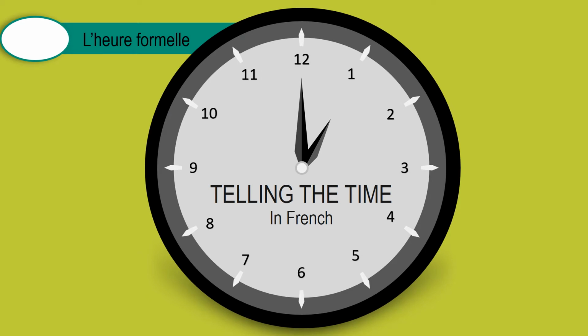L'heure formelle is what we call the 24-hour clock. Like for the 12-hour clock, we are going to start with the hours. You remember that with the 12-hour clock, the hours went all the way up to 12. It's going to be exactly the same for the 24 hours up to midday.